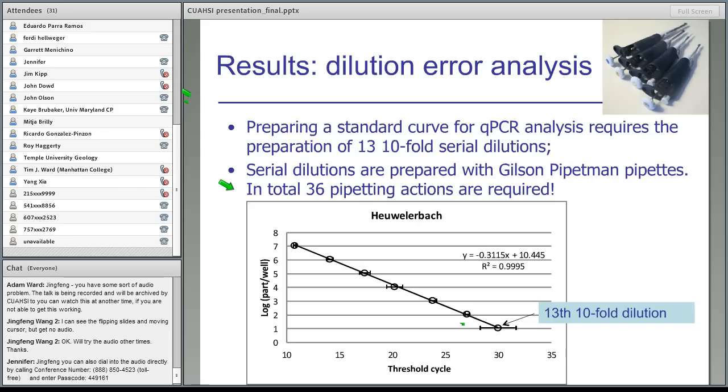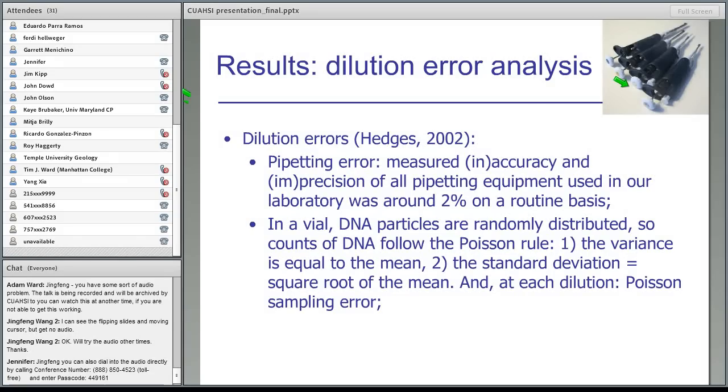Those serial dilutions, all of them, are prepared with these relatively simple pipettes. And in total, you need about 36 pipetting actions to arrive at your dilution series. That's quite something. Here we follow Hedges, who did a lot of work on dilution errors in bacteria counting.